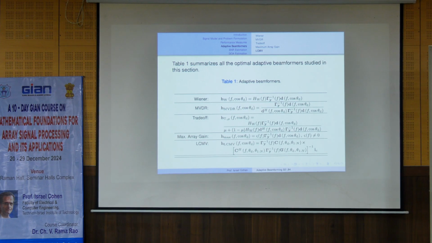But if we can adapt to slowly varying information, slowly changing environments, and we can estimate this information more reliably, and we can add some robustness to inaccuracies in the estimates, we can get better performance.